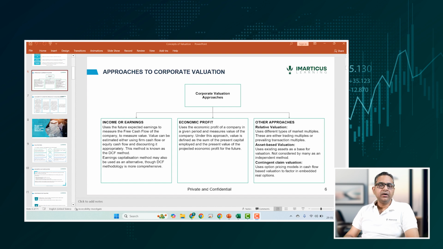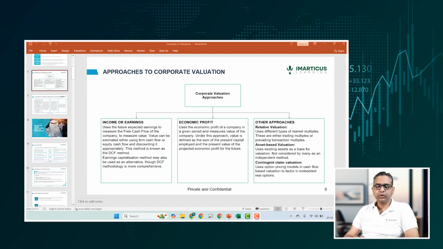So this is one of the most popular, most widely used techniques, the DCF approach. DCF stands for discounted cash flows, in which we estimate the future cash flows, and then we find the present value of those expected future cash flows to get an estimate of the value for the firm.